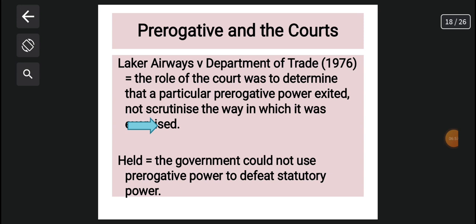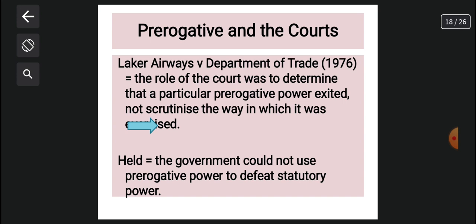Whenever there is an airways license between the United States and the United Kingdom, it falls under the Bermuda Treaty, and it is done under Section 4 of the conventional law. But when the Secretary of State dismissed this, they went to the court and appealed against it.